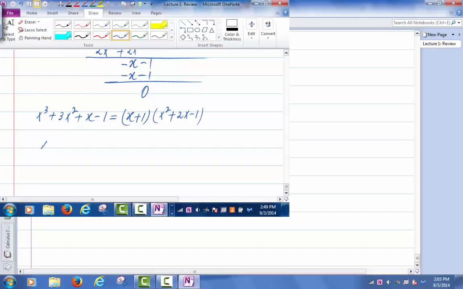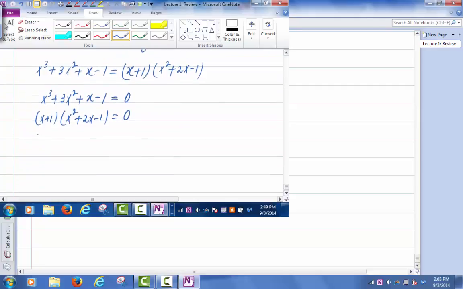We were trying to solve this equation, x cubed plus 3x squared plus x minus 1 equals 0. Now I can replace that by x plus 1 times x squared plus 2x minus 1. And so that means either x plus 1 is 0, right? Or x squared plus 2x minus 1 is 0. This tells me x is -1. Of course, we knew that already.